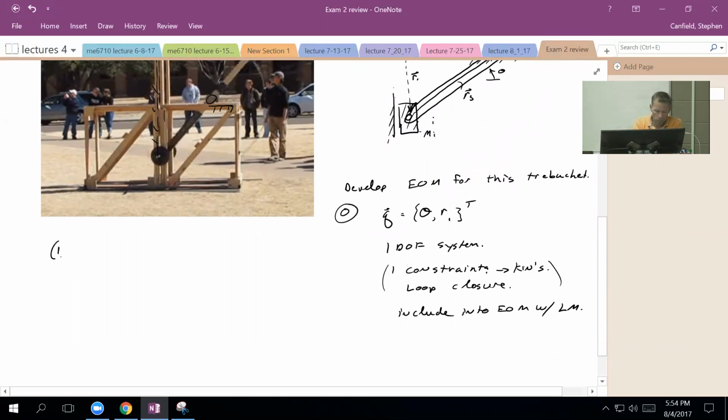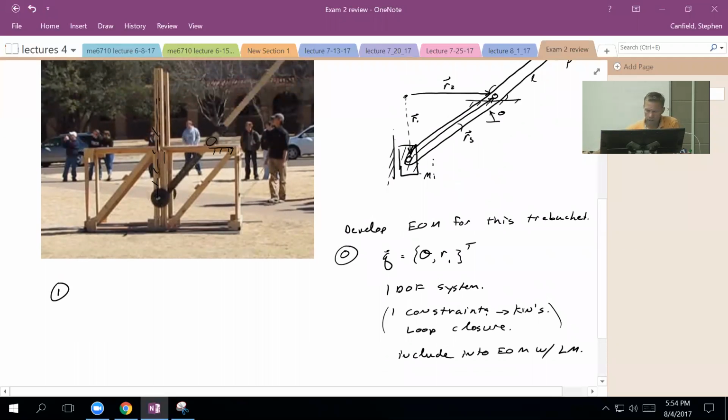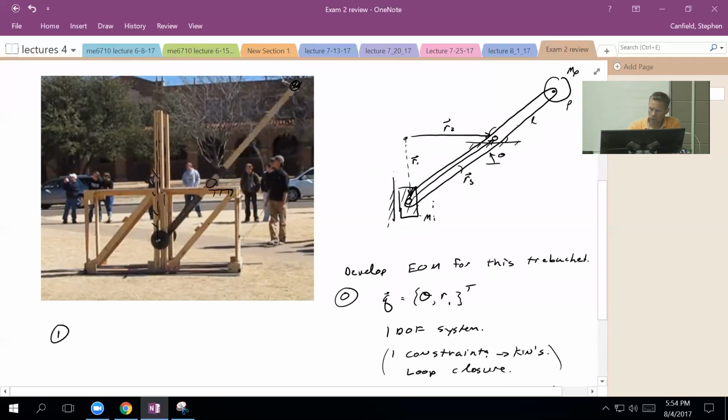Step 2 is to get my energies. So let's go ahead and carry along the way that this is a rigid body. So I've got some mass. Let's assume that I have masses at M sub I and at M sub P, and then I've got some mass moment of inertia, I'll just call it I, associated with this rod. So my kinetic energy is going to be 1/2 M sub I, v sub I transpose v sub I, where v sub I is the velocity at that point.